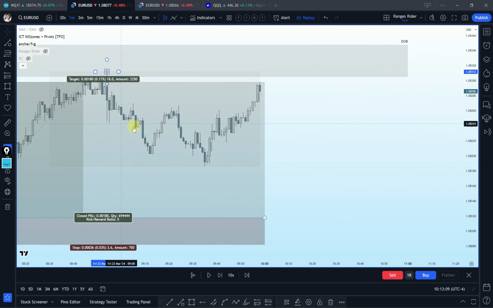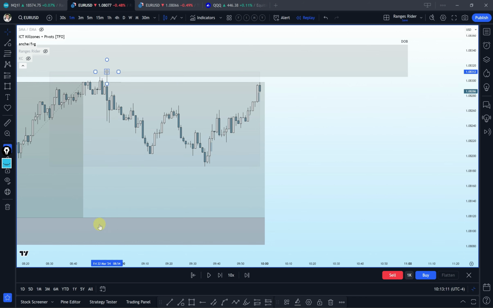So we got the opposite QM. If you see that this was the high which was never taken out, then this was the high which was never taken out, and this is the internal bars we don't take. So that's why we don't have any kind of QM until we reached here and here.